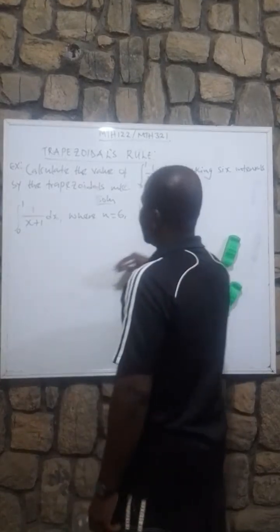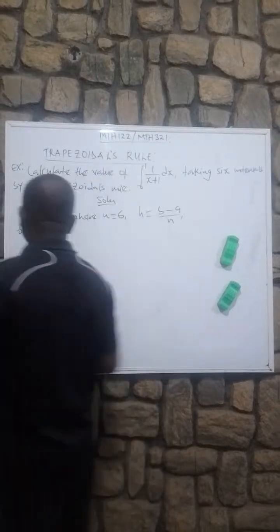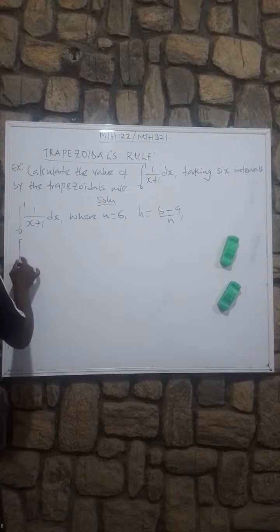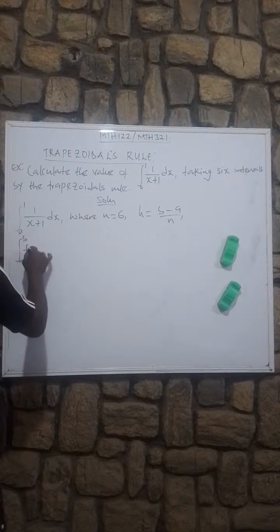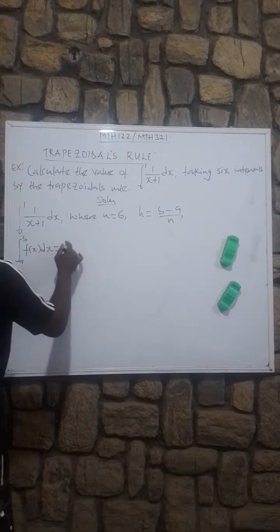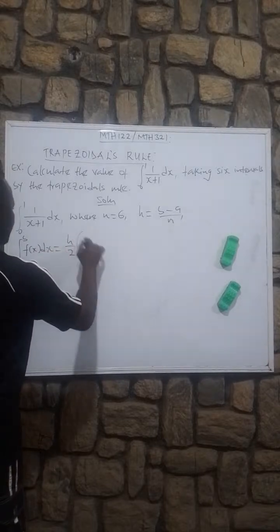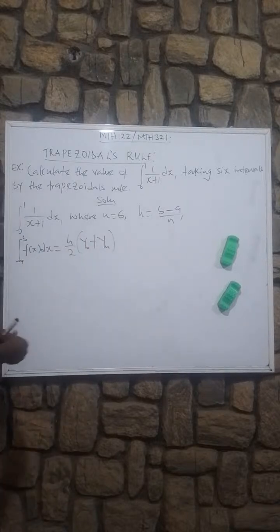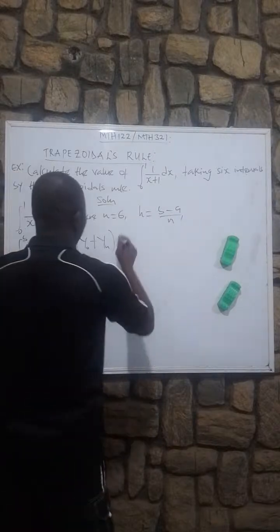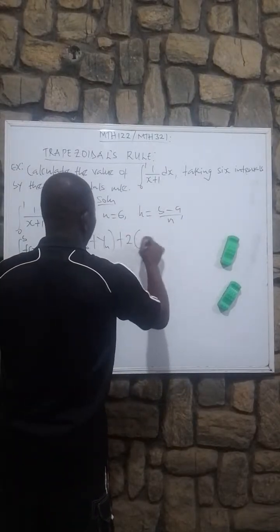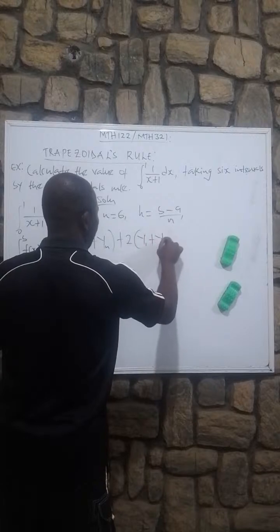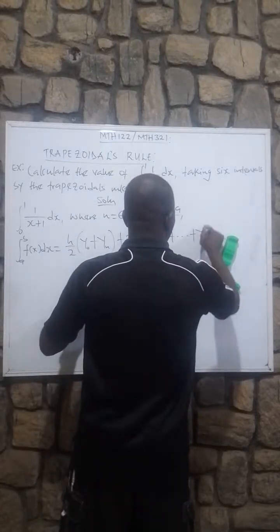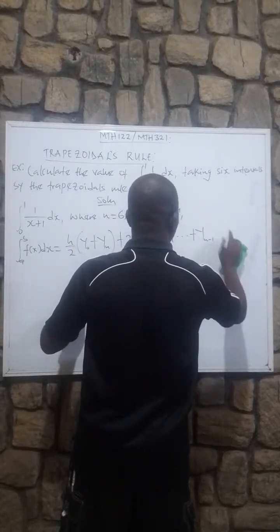Note that from the formula, the integral from a to b of f of x dx is equal to h all over 2, open bracket, y naught plus yn, then plus 2, open bracket, y1 plus y2 plus up to yn minus 1. True or false?